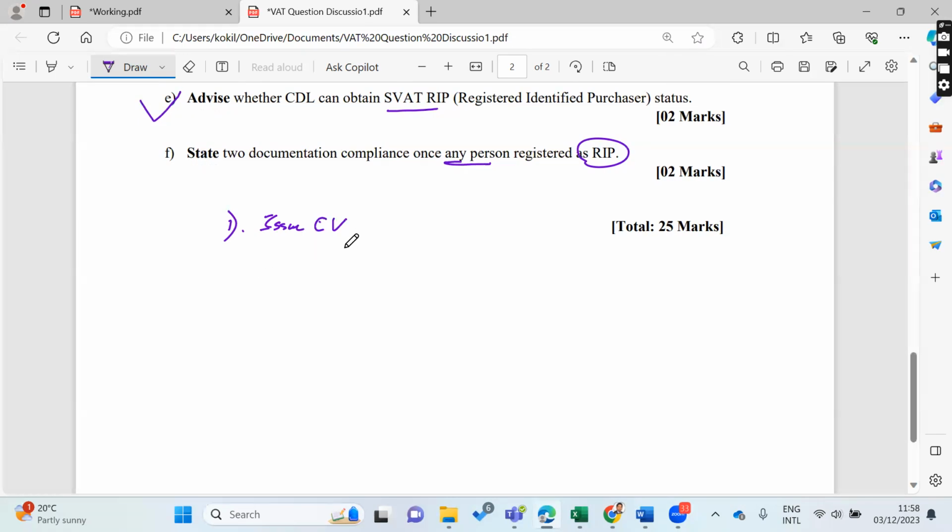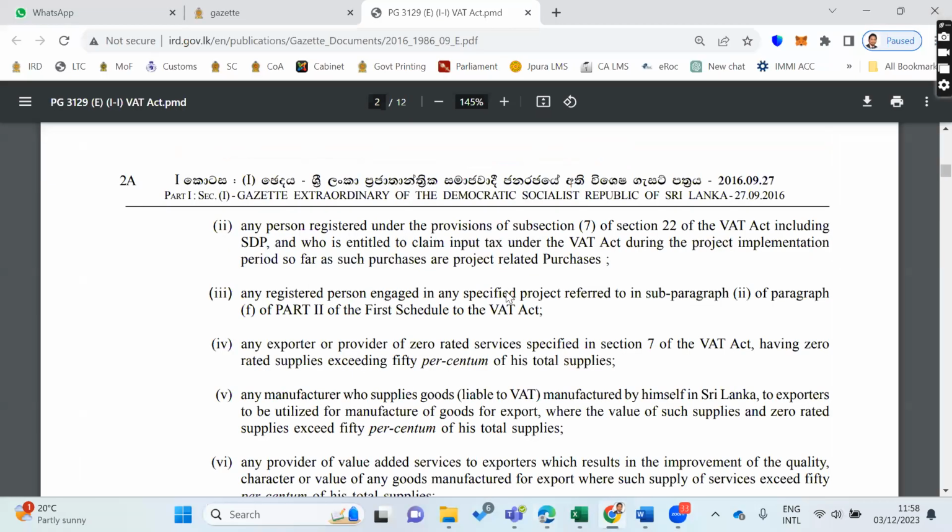Then issue the credit voucher and submit SVAT 6 as well. For the approved credit voucher issue, submit SVAT form 6. It's also there in the gazette notification.